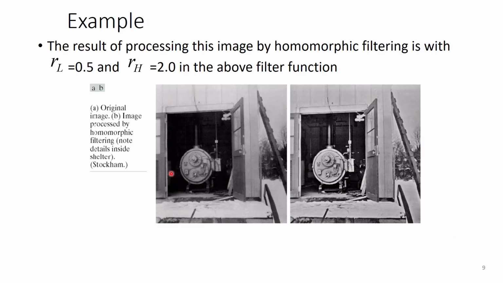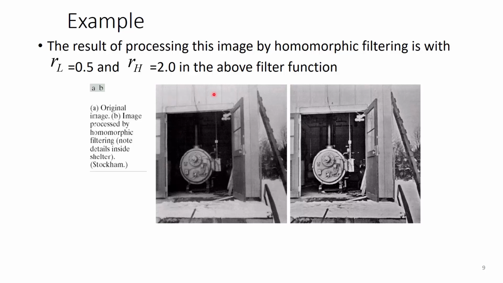Now in the example, we can see on the left side of the figure that there are no finer details available. So now we pass this figure to a homomorphic filter where we have chosen gamma L equal to 0.5 and gamma H equal to 2.0. When we choose gamma L less than 1 and gamma H greater than 1, we attenuate the lower frequency components and amplify the higher frequency components.